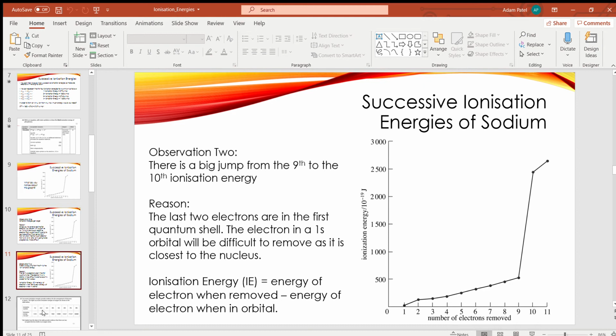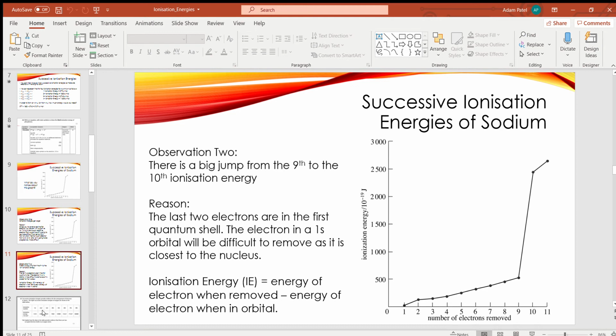So because we have an electron in a 1s orbital compared to 2s previous to that, 2s is further away from the nucleus and it's in the second shell, whereas 1s is closer to the nucleus because it's in the first shell. So in the 10th ionization energy, we're actually removing an electron from our 1s orbital rather than our 2s orbital.